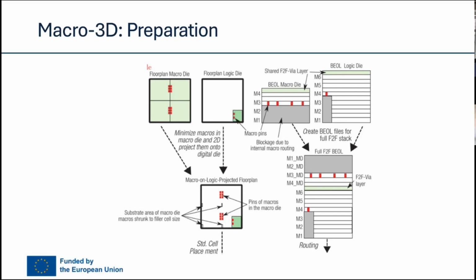Here you see this small red square from the top tier to the bottom tier. Once we have this substrate, you notice that to make sure that the tool can understand that, the trick that we are going to use is to have one virtual macro that occupies fundamentally the size of a standard cell and that has pins projected into the place where they actually belong in the real macro.